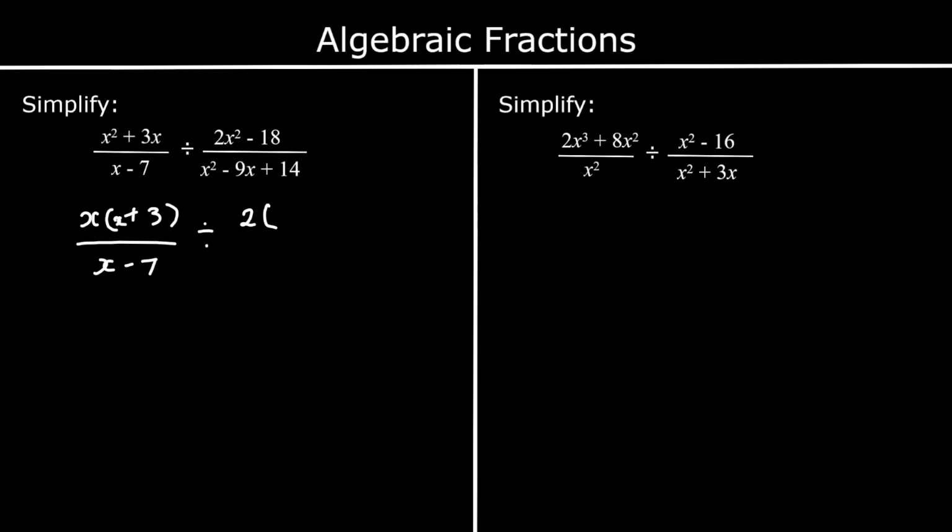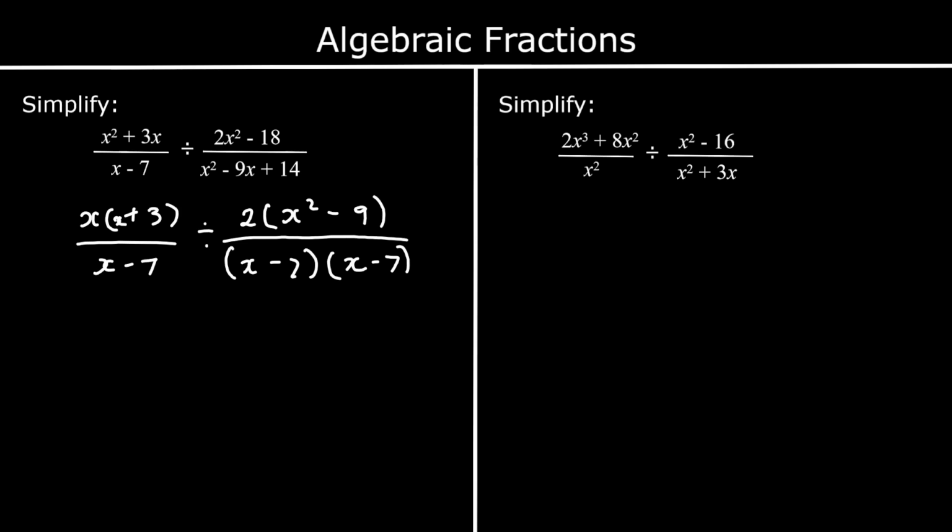I can take 2 outside, and that leaves x squared minus 9, which is the difference of two squares. And that's over what multiplies to make 14 and adds to make a negative 9, negative 2 and negative 7. So I'm going to change x squared minus 9 into x plus 3 times x minus 3.